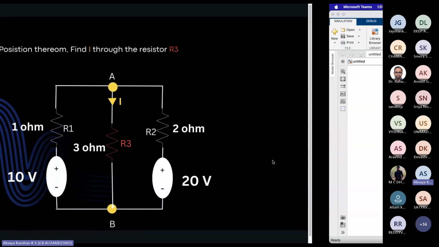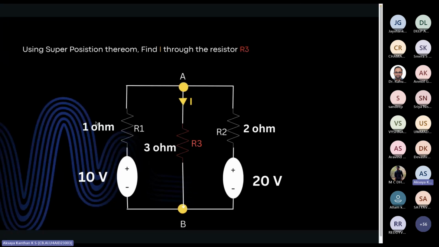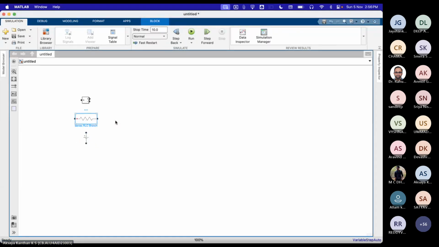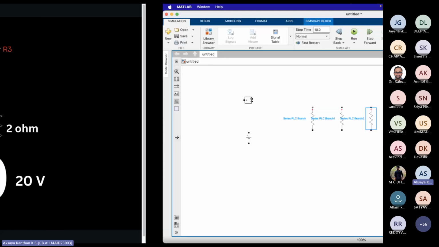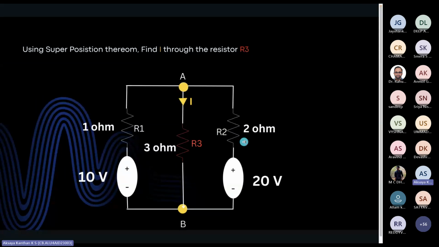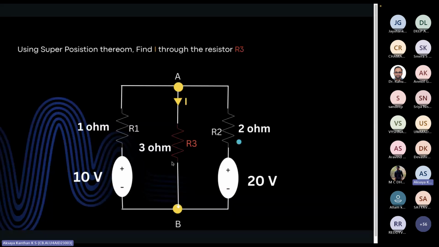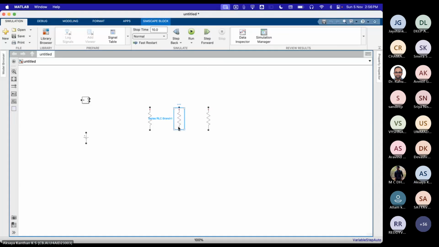So first of all, we try to make a circuit using Simulink. So R1, then R2, then R3. R1 is 1 ohm, then R2 is 2 ohms, and then R3 is 3 ohms.